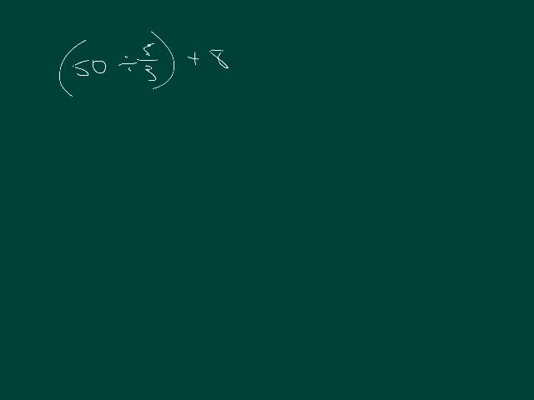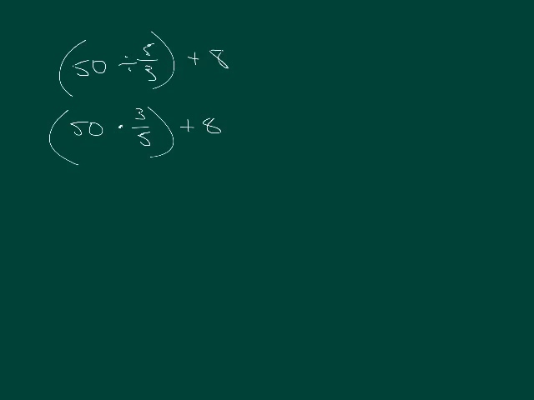They want to know what the number is. So again, I'm doing it in the parentheses first, so I'm going to first of all change this to a multiplication and flip those over, leave it in parentheses here till I get the answer.